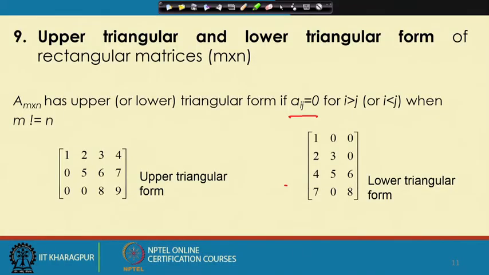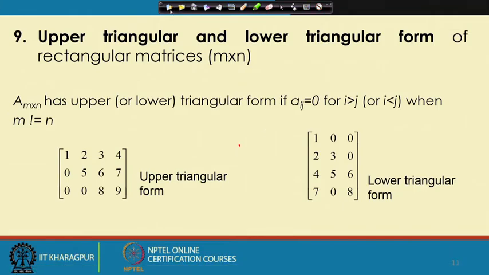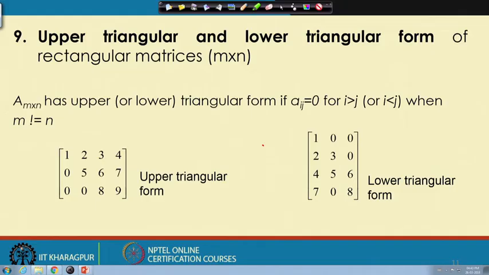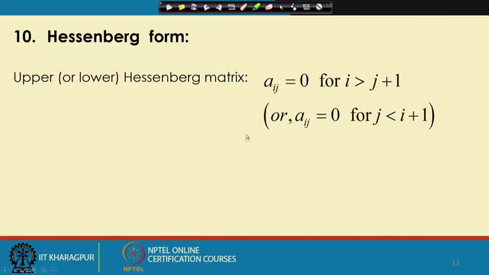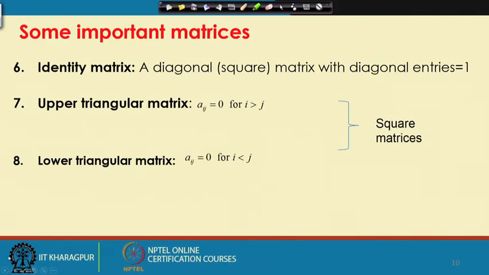In many cases, we see square matrices which are not of triangular form, but of nearly triangular form. That means they follow this rule very nearly, but do not exactly follow it.